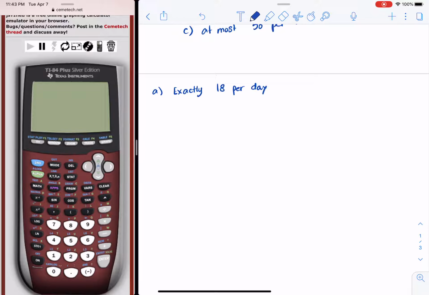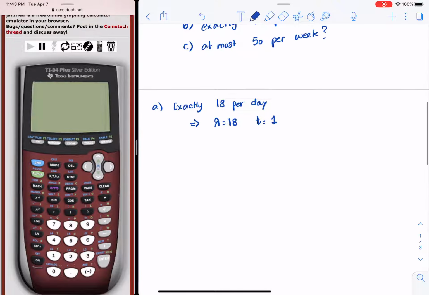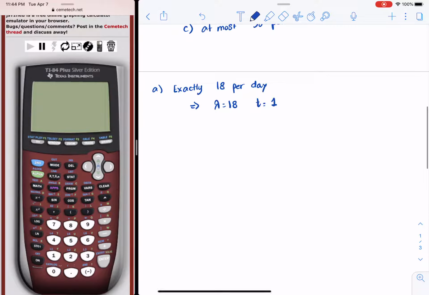Exactly 18 per day would simply imply that t is equal to 1. So what we have here is, lambda is 14, since we have 14 patients arriving at the ER per day. The value of x is 18, and we want to find the probability that x is equal to 18.